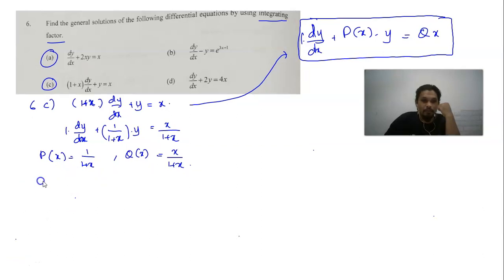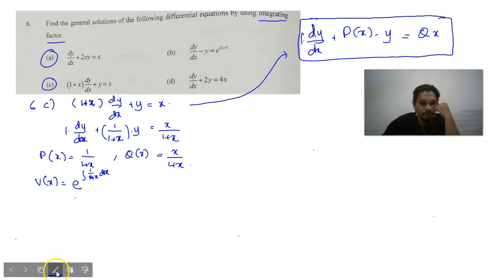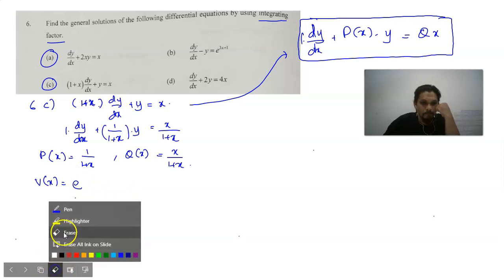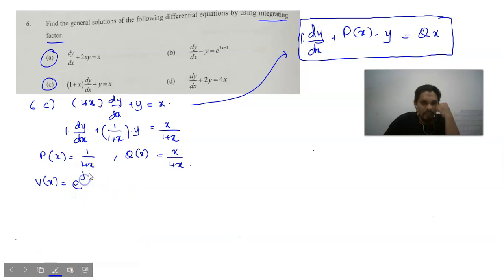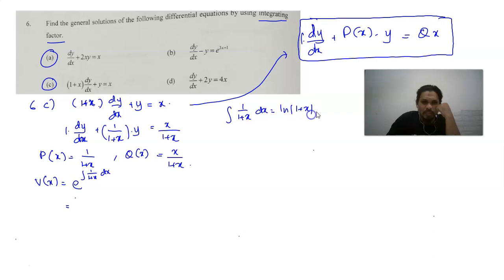And v(x) equals e to the power of the integral of 1 over (1 plus x) dx. Okay, the integral of 1 over (1 plus x) dx equals the natural log of 1 plus x plus c.